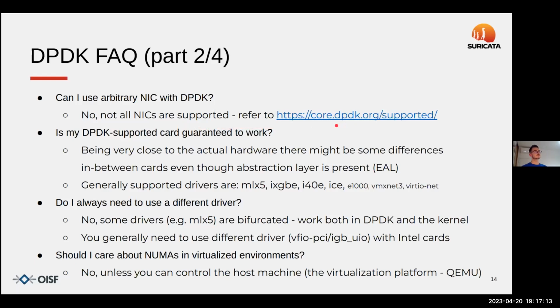Essentially, some old hardware or some desktop network cards will probably not work with DPDK if they are not supported. And that can apply to either virtual or physical environments. That's very important, and it is indeed a question that we get sometimes in our chat.